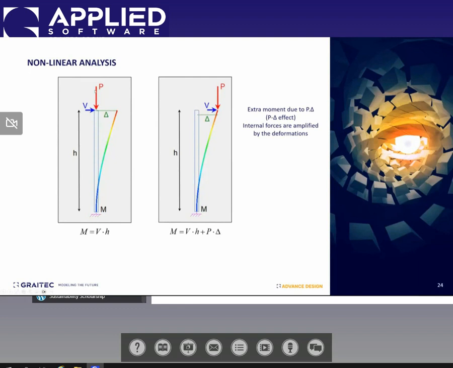If we assume the initial geometry of the column, the moment that we have at the bottom is going to be this value, basically V times H. But in a nonlinear analysis, we will include this delta, or deformed shape, of the top of the column. This is going to create even more moment, which is the P delta effect, and my column will end up having higher moments at the bottom.